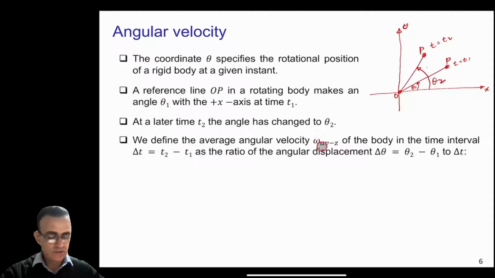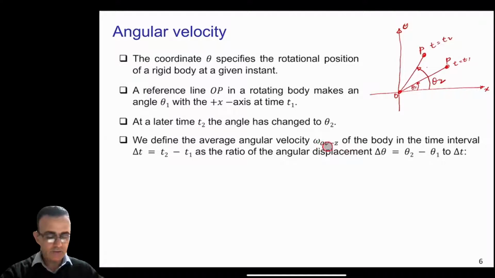This is the average angular velocity about the z-axis, because the body is rotating about the z-axis in the time interval delta t. The time interval t2 minus t1 is the time taken when the particle moved from this position to this position.